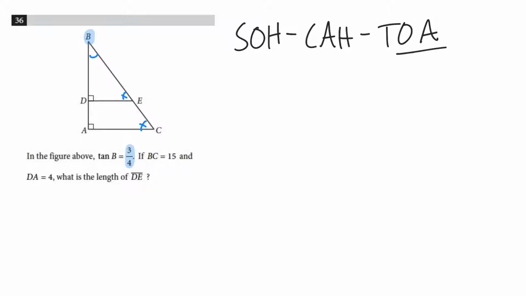Tangent is opposite over adjacent. So the ratio between the bottom and the upward, the short leg to the long leg, is 3/4. So tangent of B equals 3/4.